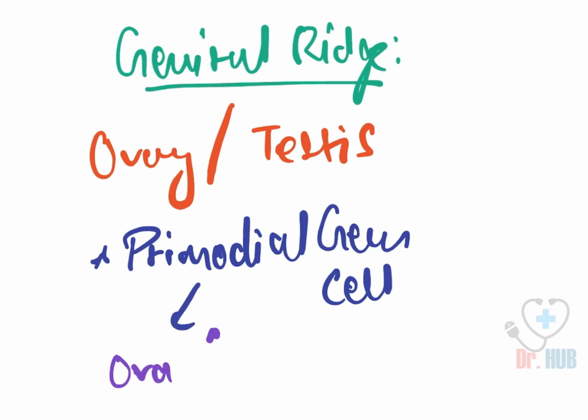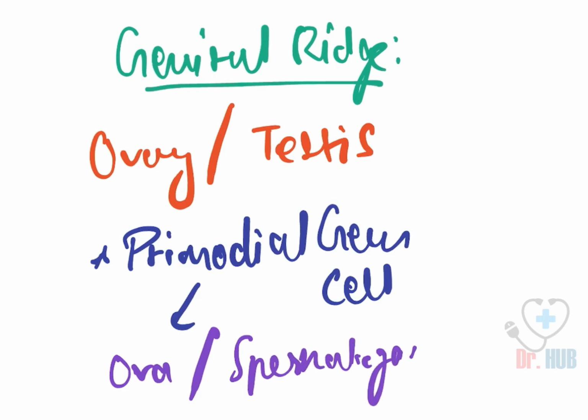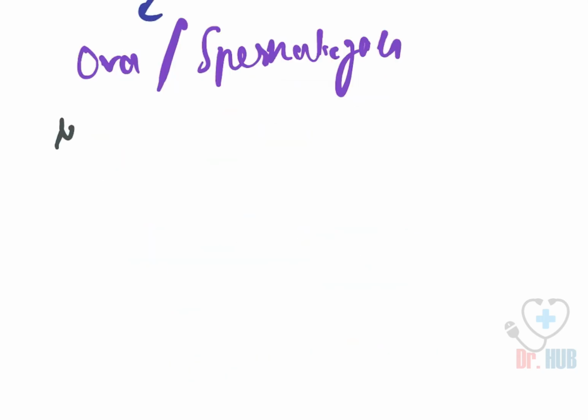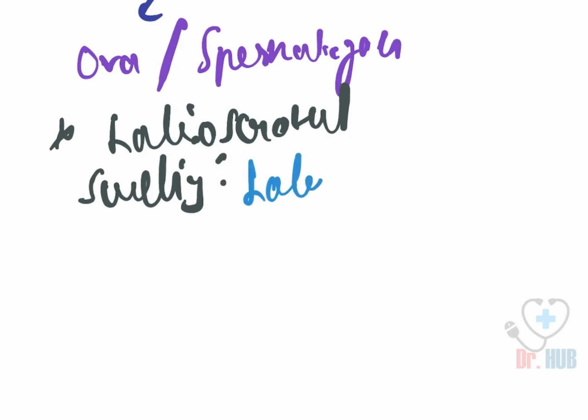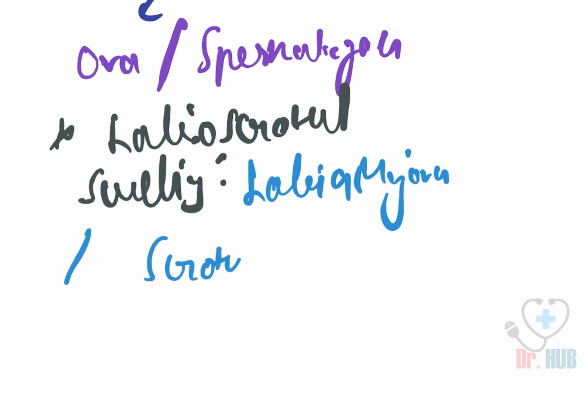In case of females, it is the ova, and in case of the male, it is the spermatozoa. Then, moving on to the labioscrotal swelling. It includes the labia majora in females, and in males, it is the scrotum.